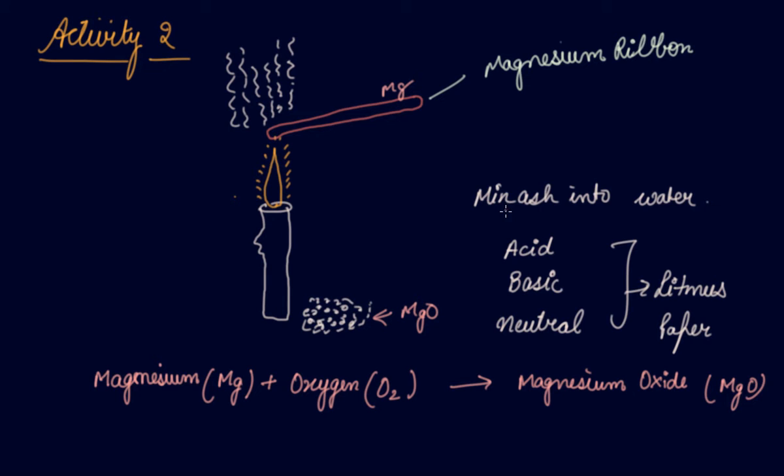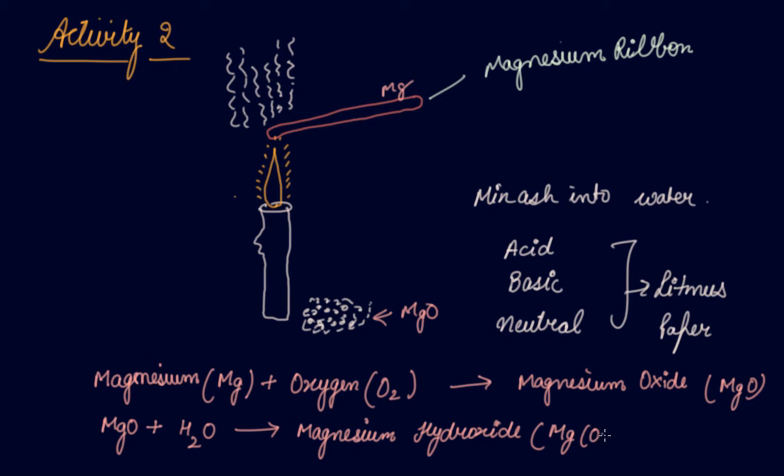Now when you add this magnesium oxide into water, we all know that the chemical formula of water is H2O. Magnesium oxide plus water gives you magnesium hydroxide, that is Mg(OH)2.